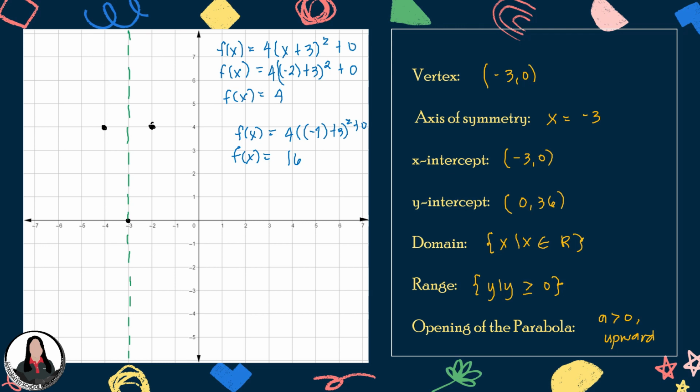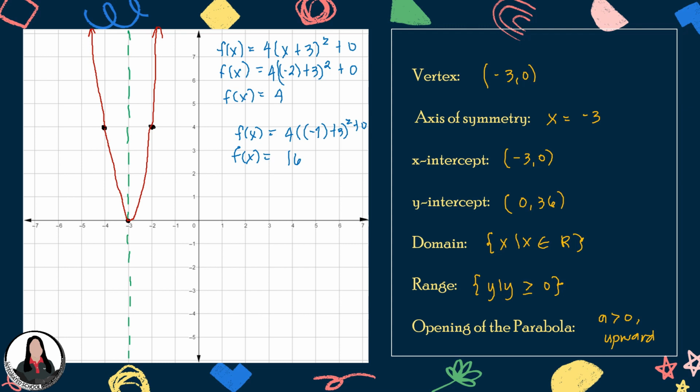Okay. So, i-trace lang natin. The parabola should look like this. So, medyo narrow ang parabola natin, right? Okay. So, the parabola should look like this.